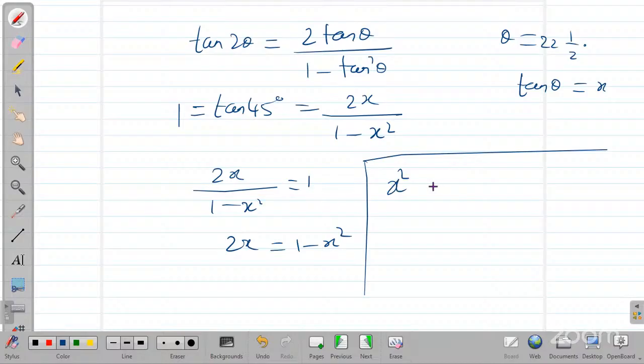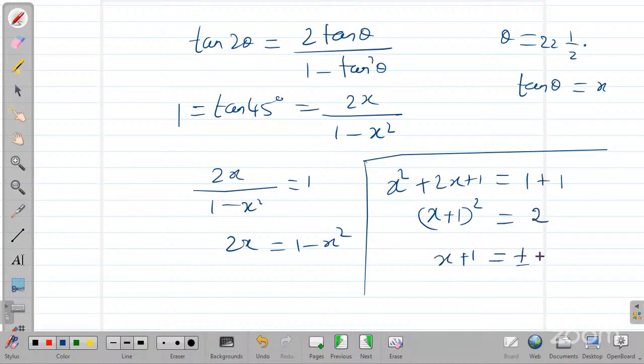Okay, so here we have x square plus 2x is equal to 1. Now in this one, if I just add 1 on both the sides, the left hand side becomes x plus 1 the whole square, which is equal to 2. So x plus 1 is equal to plus or minus square root of 2. X is equal to -1 plus or minus square root of 2. So these are the two values of x.